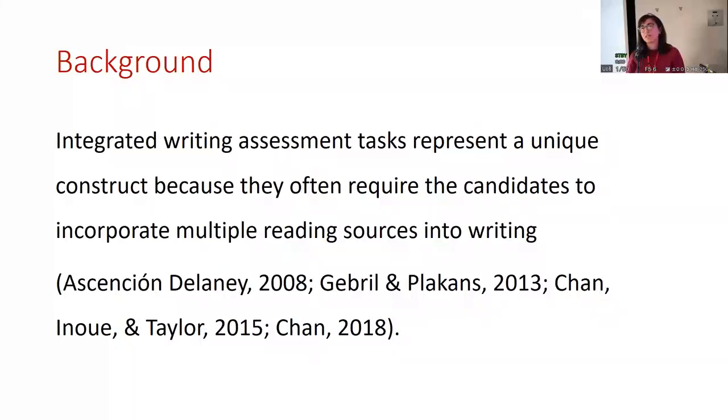There is increasing attention to these tasks because they are claimed to be authentic and help students when they go to university with their writing, because writing at university involves reading as well. So you also have to read and use that information in order to write.